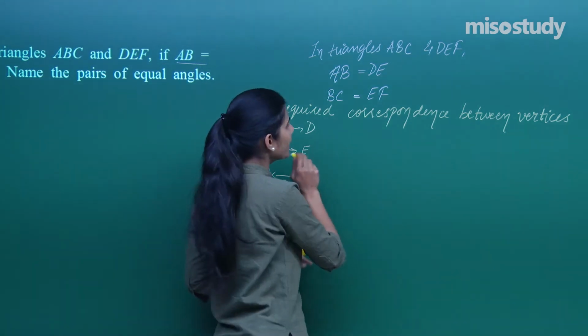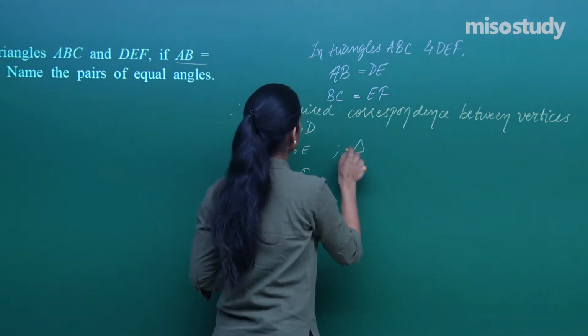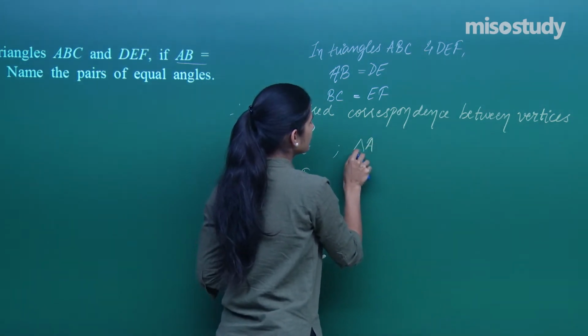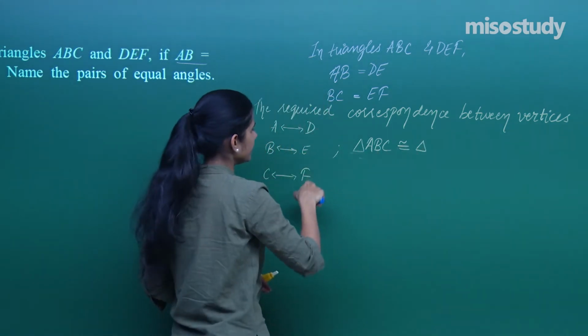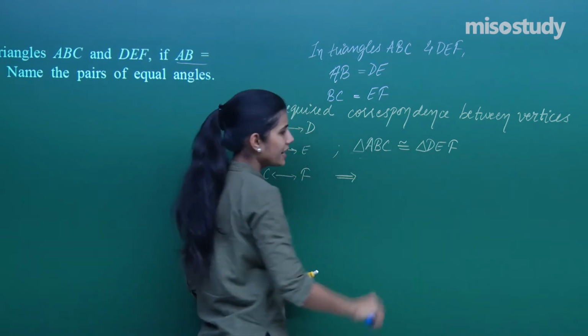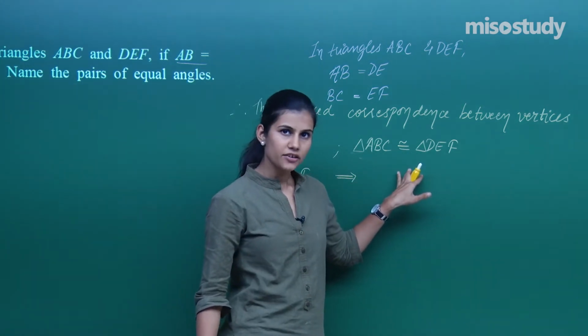Okay? This is the required correspondence between the vertices of the two triangles such that triangle ABC is congruent to triangle DEF, which implies corresponding parts of congruent triangles are equal.